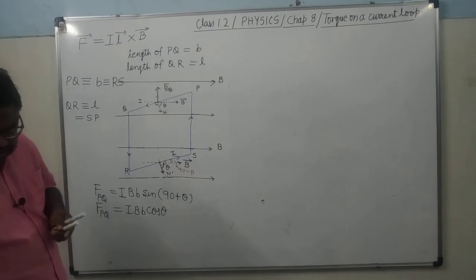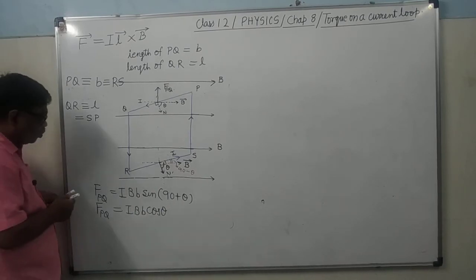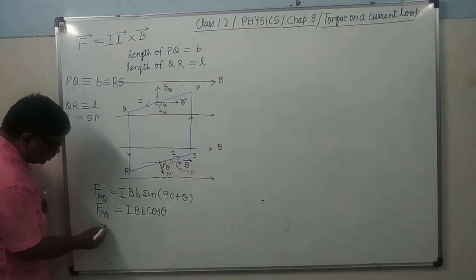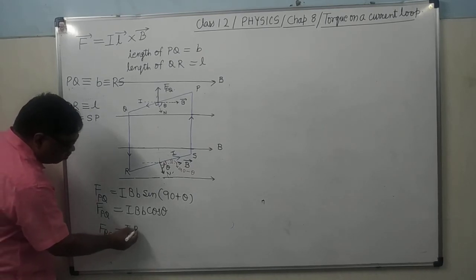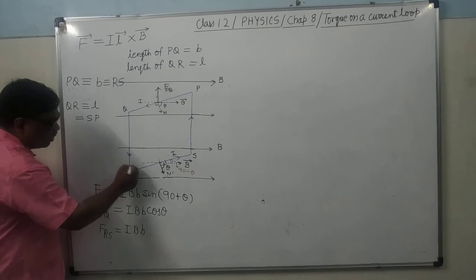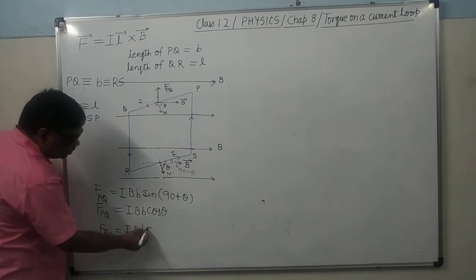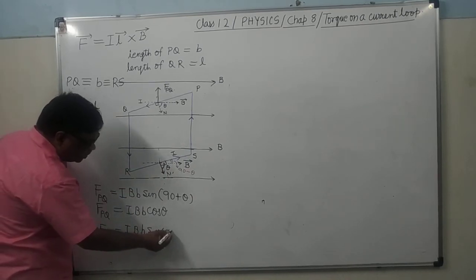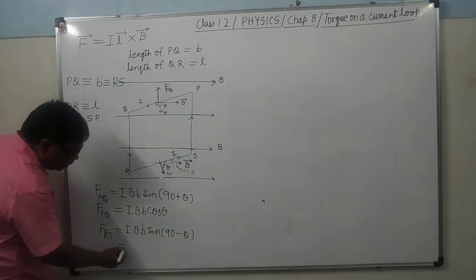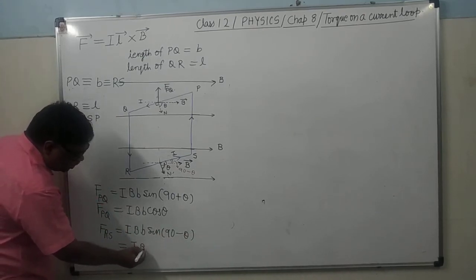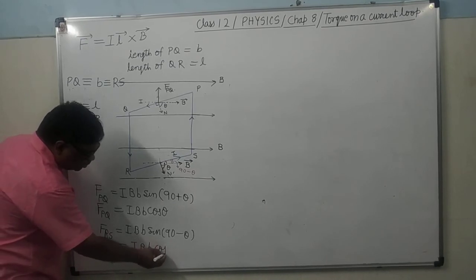Force over the segment RS is I B into small b, because the length is small b, sine 90 minus theta. Angle between current and magnetic field is 90 minus theta. So it is I B into small b into cos theta.